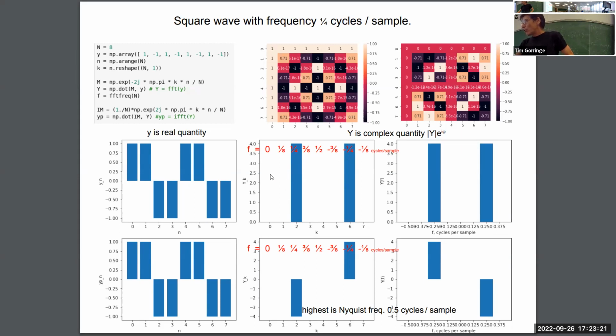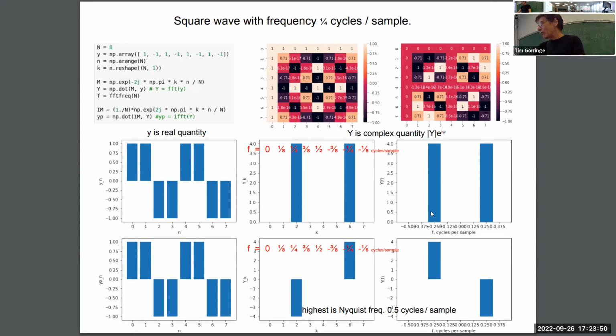This is what the data looks like in the frequency domain. Maybe I'll look at over here where I've converted the horizontal axis from the index K to the actual frequency. Firstly, you see that there's this mirror about 0.